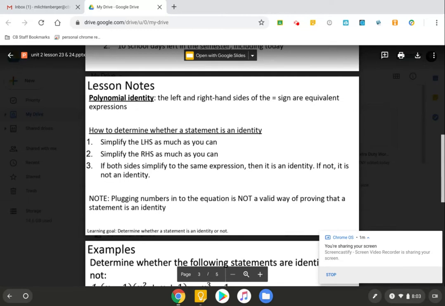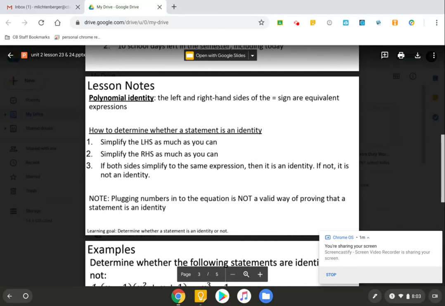We can plug in a bunch of numbers and calculate it, and it'll either work or it won't work. But in order to prove mathematically that it's an identity, we have to do the algebra. Okay? We need to prove that it works for all combinations of numbers.